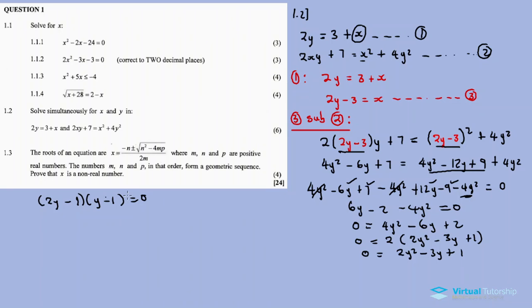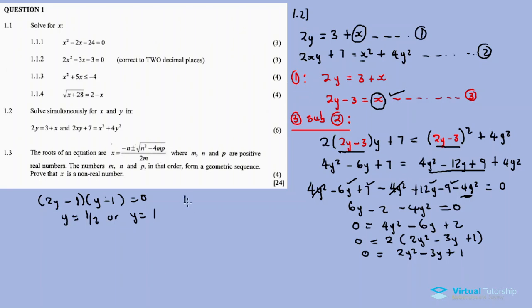These are the factors for a trinomial, or you can apply the quadratic formula and find your values. Then our y is equal to 1 over 2 or y equal to 1. So therefore, we substitute the y value into equation number 3 and find x.